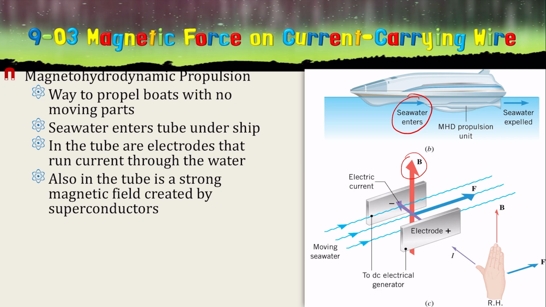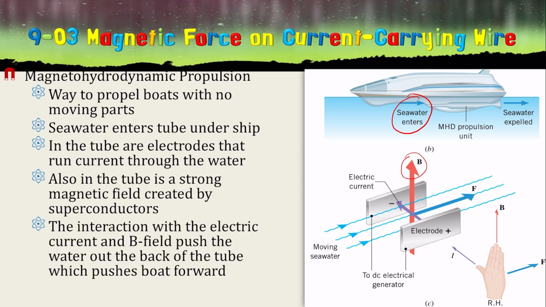Using your right-hand rule with the magnetic field and the current, you can see the water is then pushed back. The water being pushed back pushes the boat forward by Newton's third law.